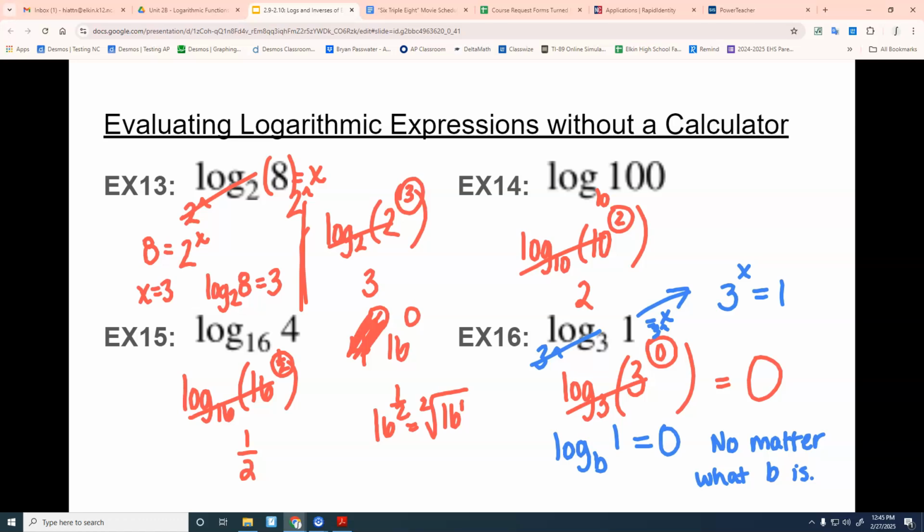Because if we're getting 1, the only way we can get a number to turn into 1 using exponentials is if we raise it to the 0 power. So if you do the log of 1, no matter what the base is, you're going to get 0 every time. Unless you have a base of 0, in which case it's just undefined, but you won't run into that. Okay, questions?